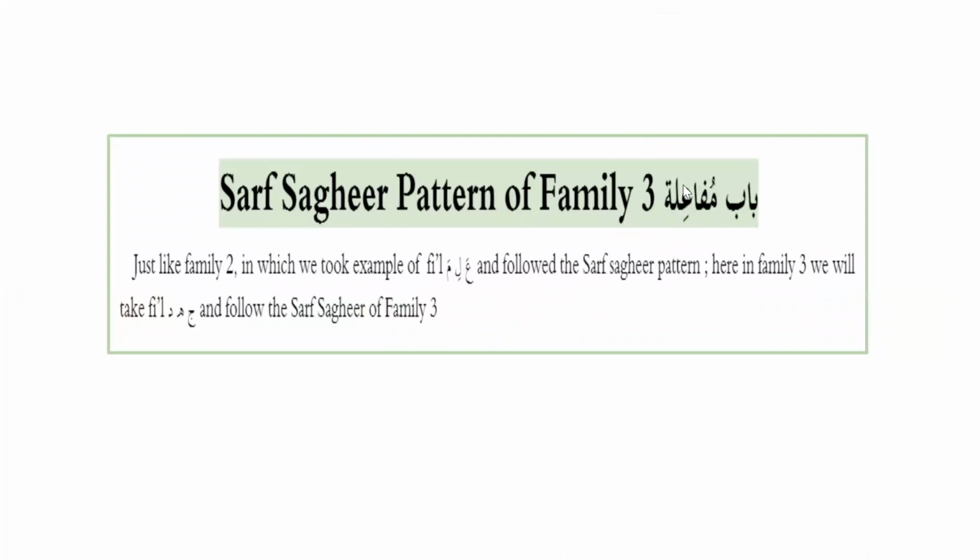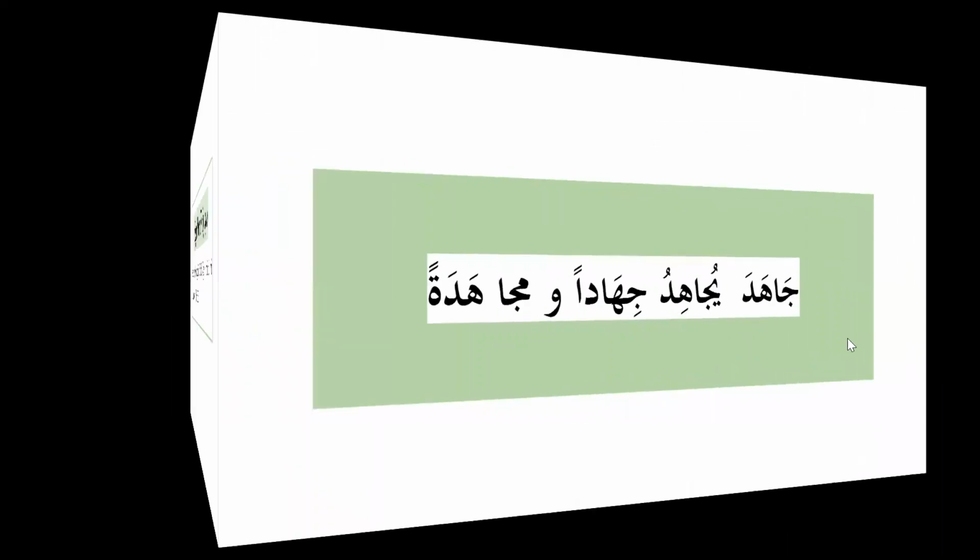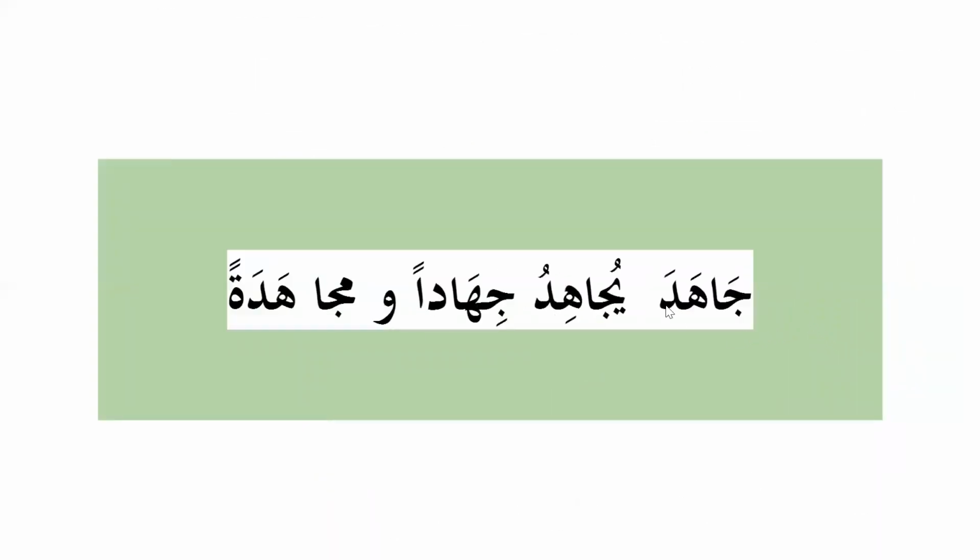Actually Bab Mufa'ala, because Mujahada, over here it should be Fatha. So this is the pattern for family 3. Just observe that in family 2 we had Allama: ain, then the middle letter comes two times with shadda, and the third letter. Over here, what do you see?